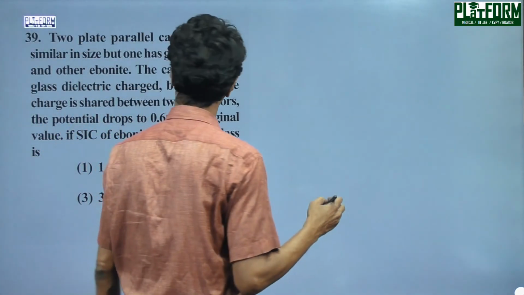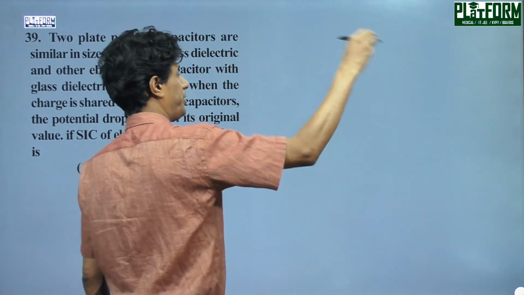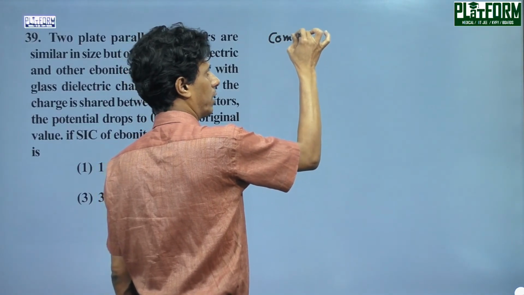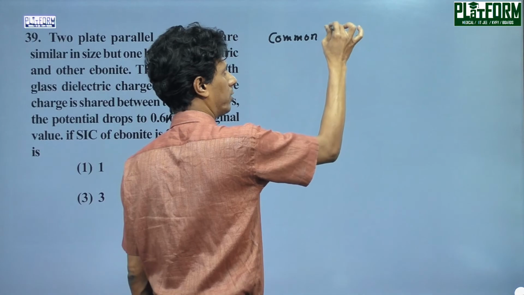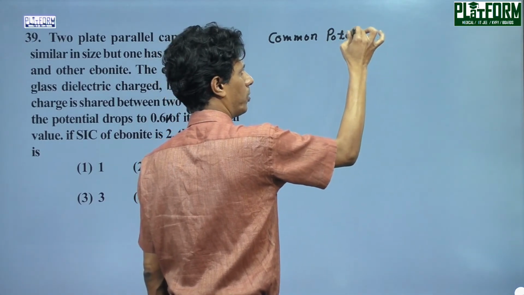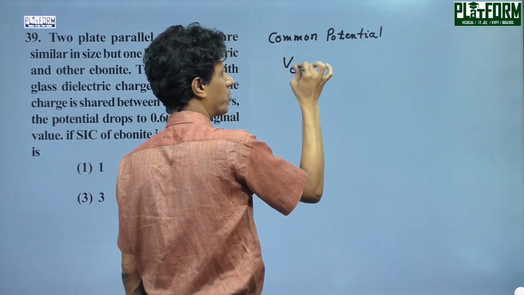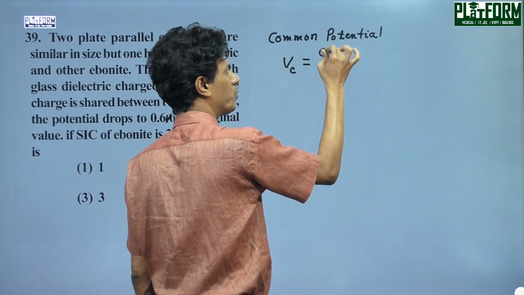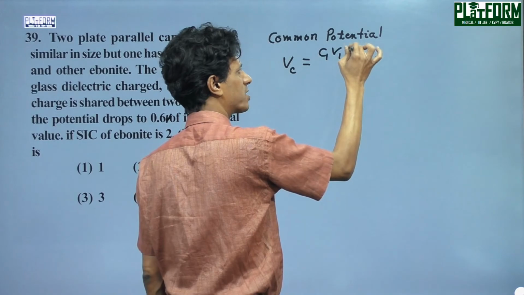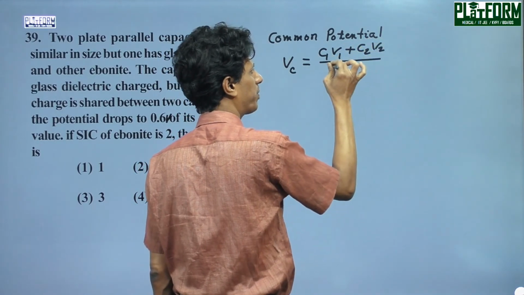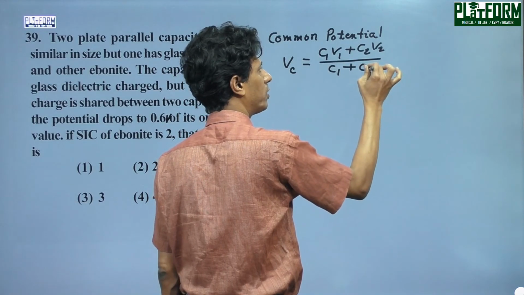So let us say we know the common potential Vc is equal to C1 V1 plus C2 V2 by C1 plus C2.